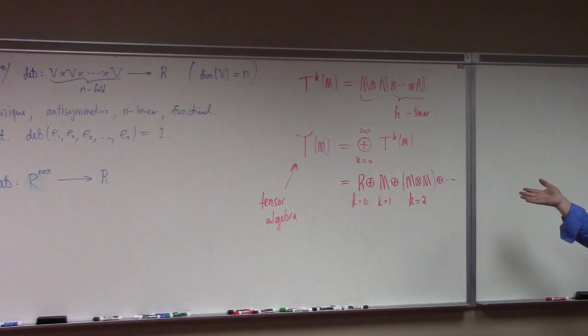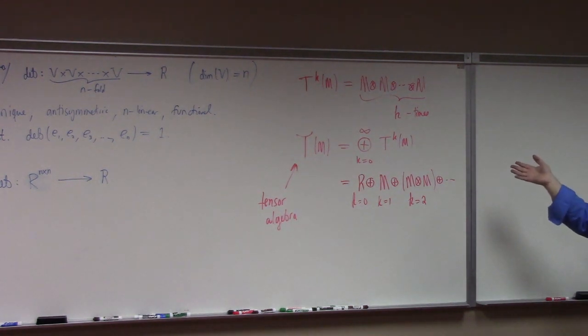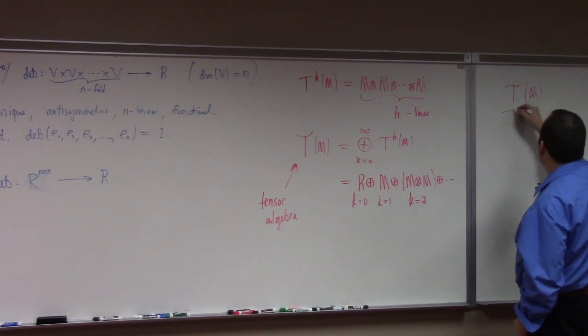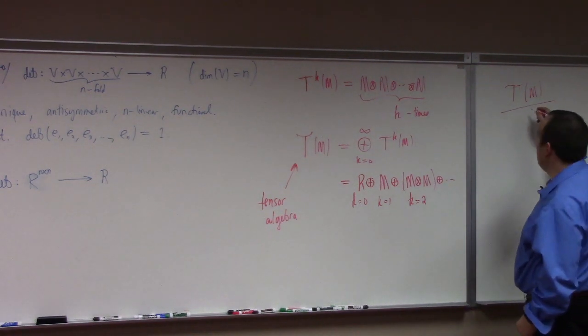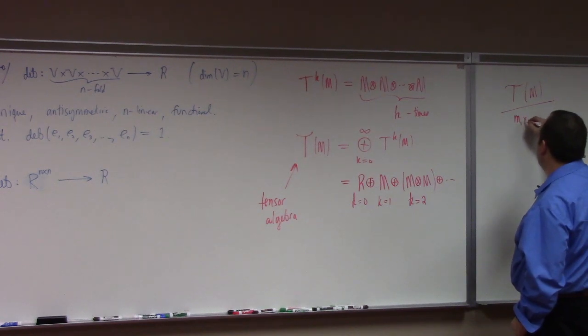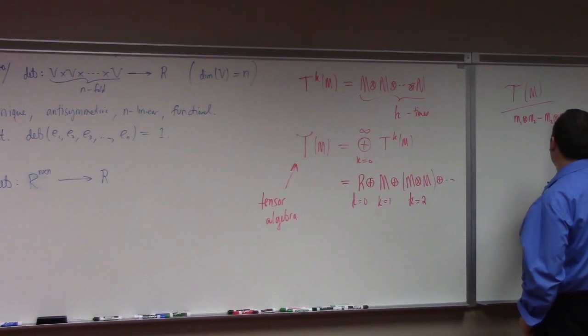You'd say, okay, so what? Well, from the tensor algebra, we can build 2 very special things. We can take the tensor algebra and we can quotient by the ideal generated by m1 tensor m2 minus m2 tensor m1.